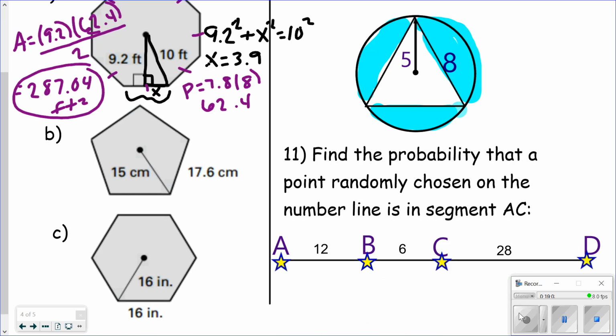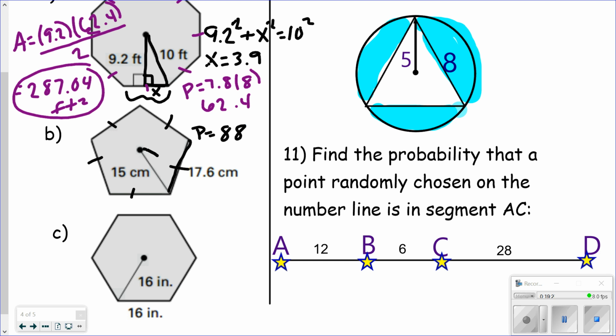For part B, this time I know this length, so I can figure out my perimeter, and my perimeter is equal to 17.6 times 1, 2, 3, 4, 5, and we end up getting that that is 88. But what I don't know is what my apothem is.